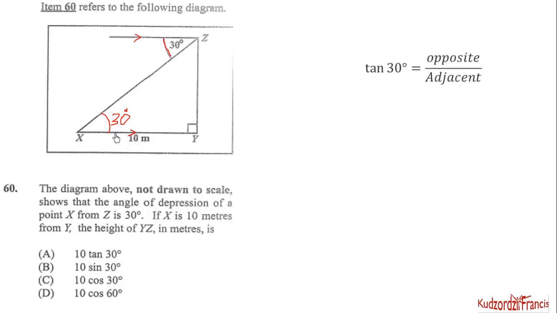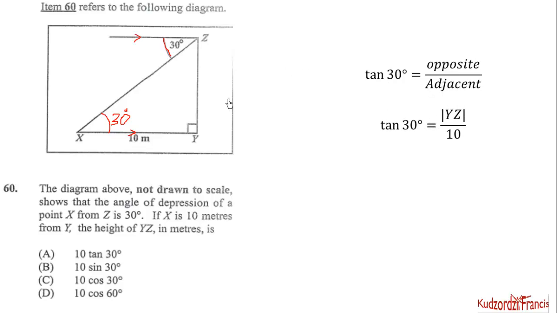So now we can apply the trig ratio that will involve the opposite YZ and the adjacent XY, and that trigonometric ratio is tangent of the 30 degrees angle here. The tangent ratio is opposite over adjacent. The opposite is YZ and the adjacent is the 10 meters. Now we multiply both sides by 10 to get 10 times tangent 30 degrees equals YZ. So the correct answer is A.